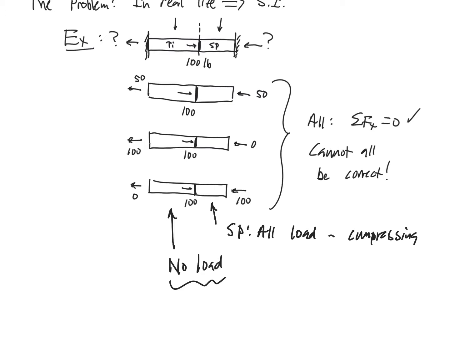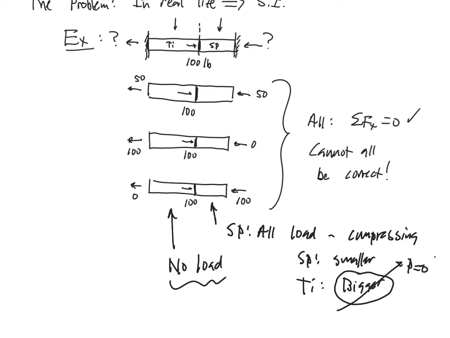So you can see that's a problem, because what we're saying is that the silly putty compresses, it's getting smaller, which means that the titanium, if they're connected, needs to get bigger. But it can't get bigger because P is 0 in that one. We've assumed that there is no reaction force. So clearly that one is wrong.